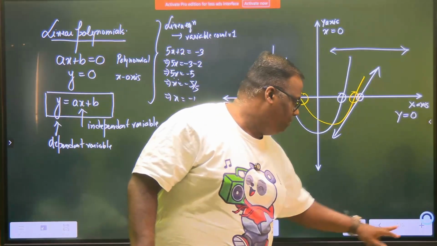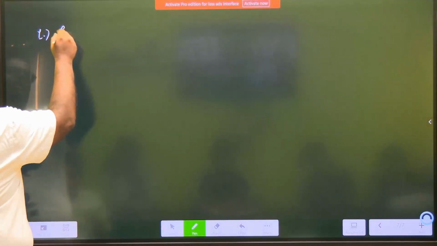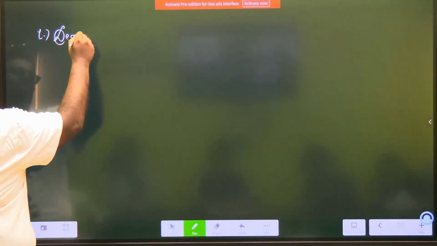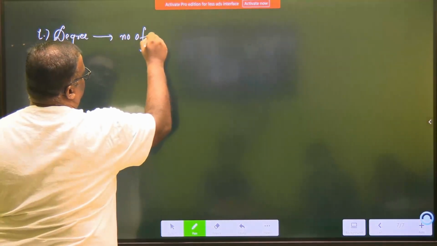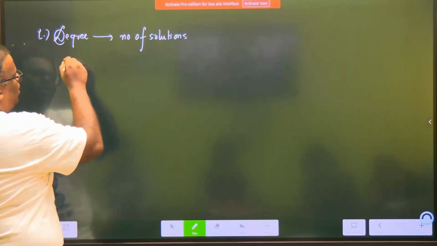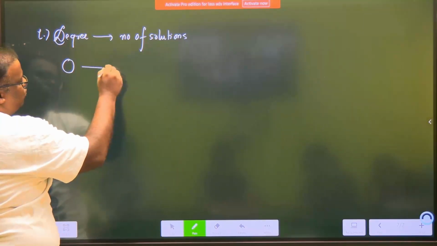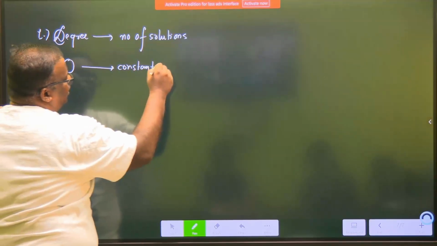Okay. So before going to the graph, let's again write some things which will help us. Number 1, degree also tells you about the number of solutions. If your degree is 0, that means you are a constant polynomial, and we will prove it now.